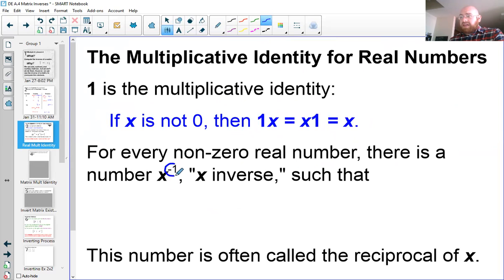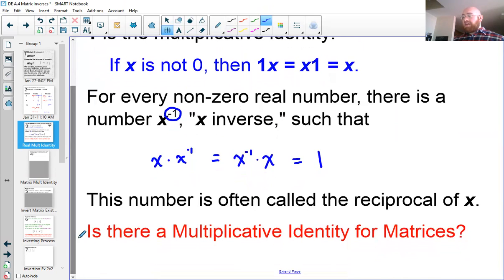Notice that it has this exponent -1, such that x times x inverse is equal to x inverse times x, such that the product is always equal to 1. This number is often called the reciprocal of x.